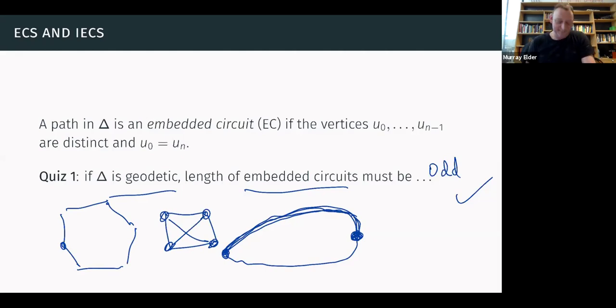It's a trick quiz, which I think Adam pointed out to me 5 minutes ago when I sent him the slides. No, like an hour ago. So it's not an isometrically embedded circuit. So that's the purpose of my first evil quiz there. So this is the complete graph on 4 vertices, and there's an embedded circuit, and it's got even length.